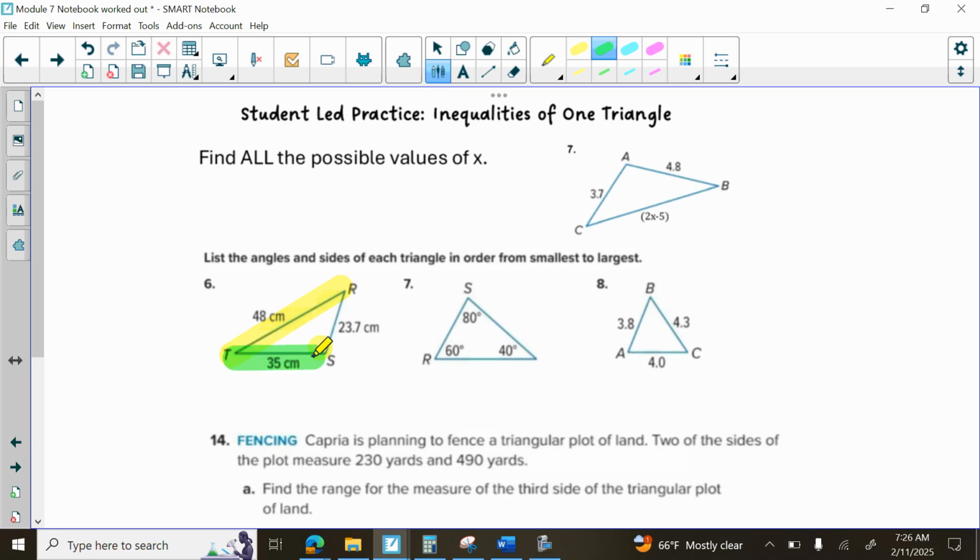TS. That means which angle is the biggest angle? R. And last, the smallest side is RS, which means what's the smallest angle? T. It's opposite the smallest side. Any questions?